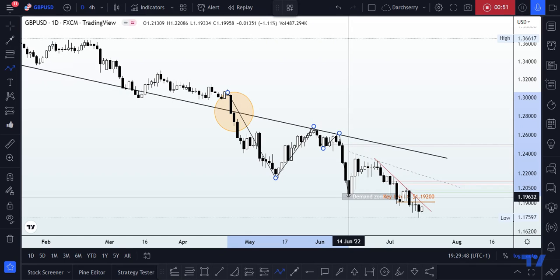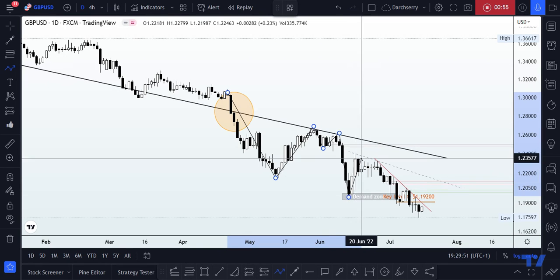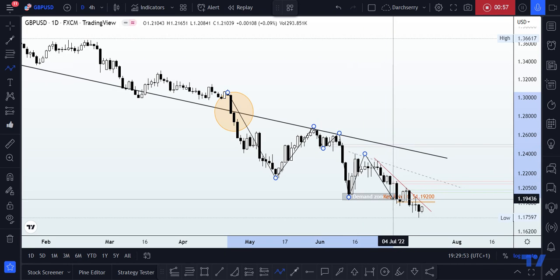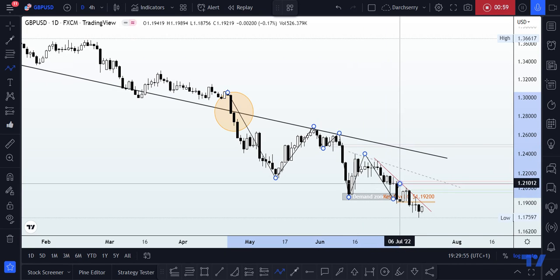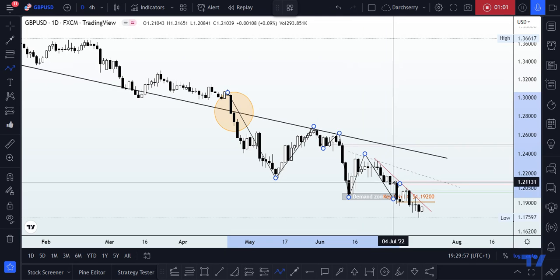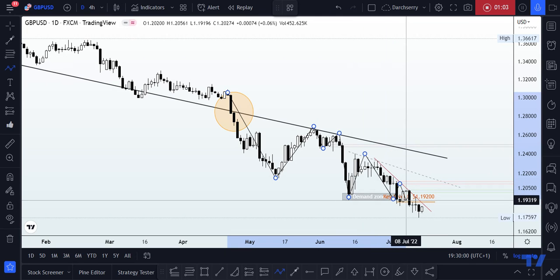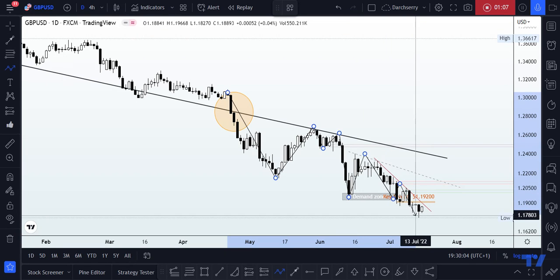Then we have a demand zone at 1.19600 area, which held price action supported in the month of June before we saw that final breakout that happened during the early days of the month of July. However, I have observed that this bearish expansion appears to be reducing as time goes by.